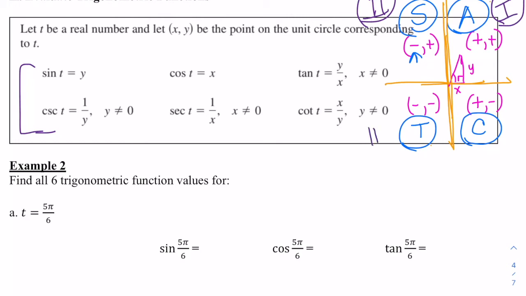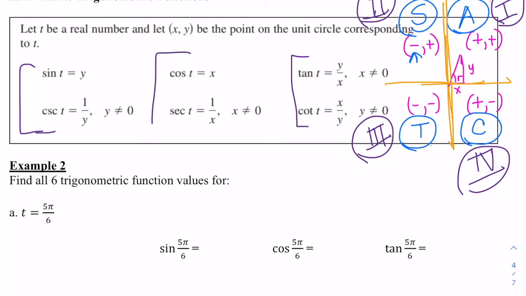In the third quadrant, only the tangent and its reciprocal cotangent will be positive. And then in the fourth quadrant, the C, where we say all students take calculus, that represents cosine and secant. And those two functions will be positive.